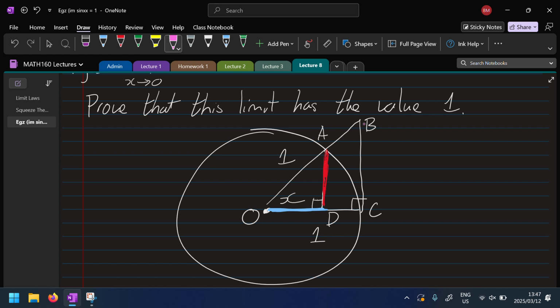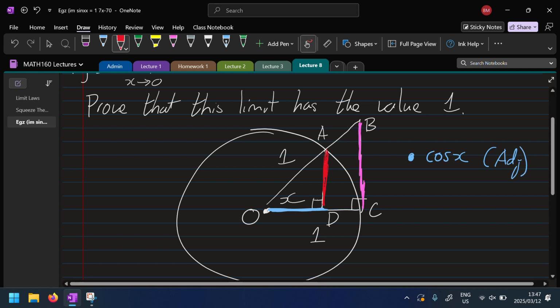And finally, the last side we needed was this BC. Okay, that's the opposite. The adjacent is just 1. Opposite over adjacent, that's tan. Yeah, so BC, that will be tan x. So in blue here, that will be cos x, because that's the adjacent.